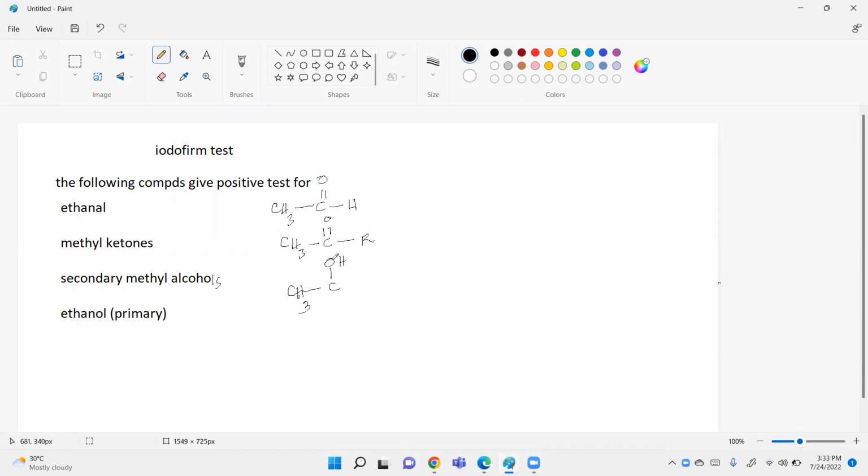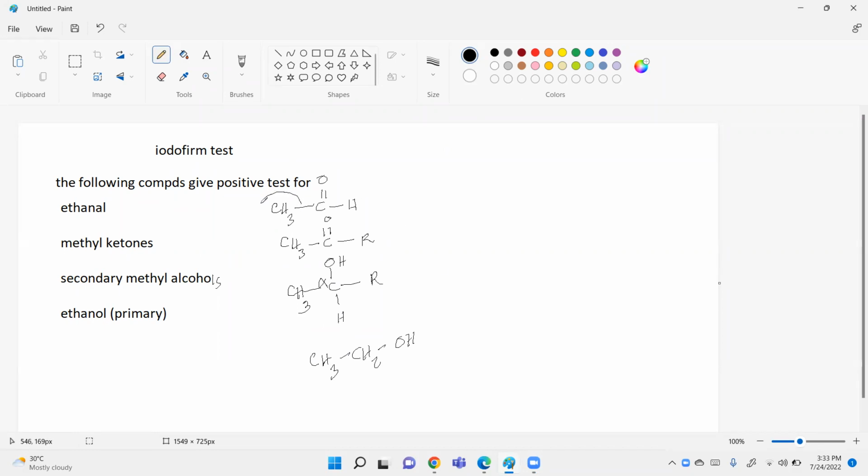Alpha carbon is the carbon to which the OH group is attached. Secondary means there can be another R group over there, and there should be hydrogen over here. And then ethanol is CH3CH2OH.